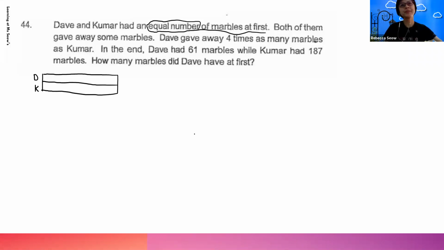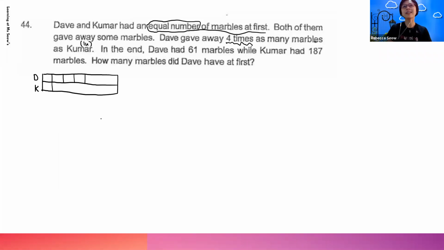Well, what we could do is we put down 4 units under Dave anyway: 4 units that Dave gave away and 1 unit that Kumar gave away. So these are the ones that are given away, and for Kumar, it will be 1 unit.